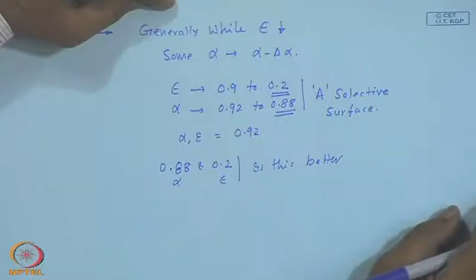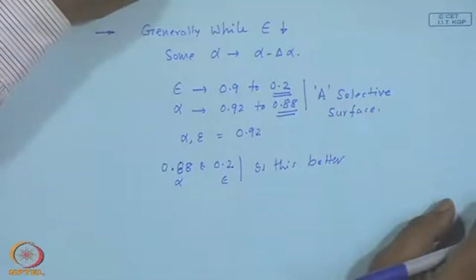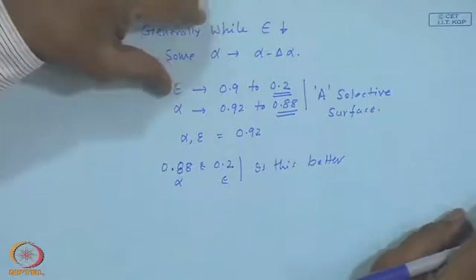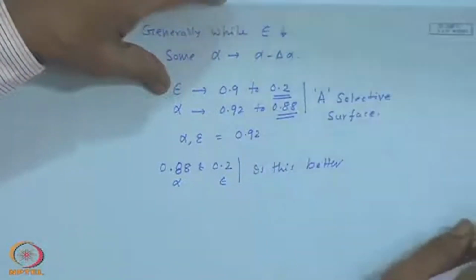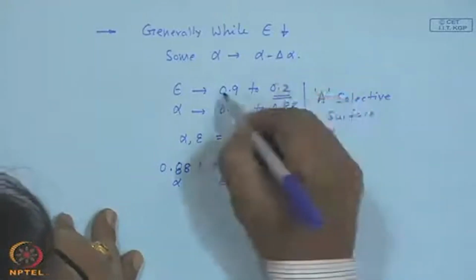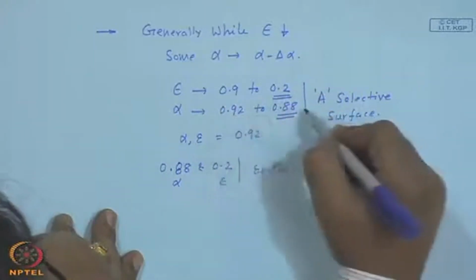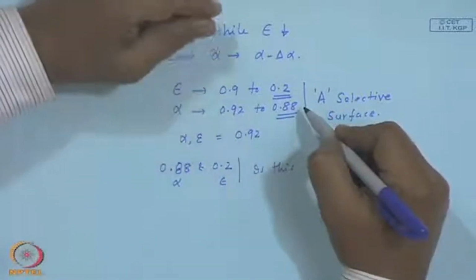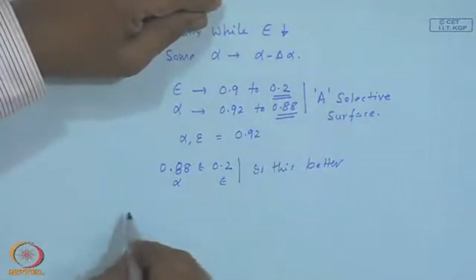Consequently, we have to estimate whether that reduction in the absorptivity is compensated by the reduction in the emissivity or not. At times it is tempting to think that 0.9 has gone down to 0.2, whereas 0.92 has gone to only 0.88. So, this should be okay, a good surface.